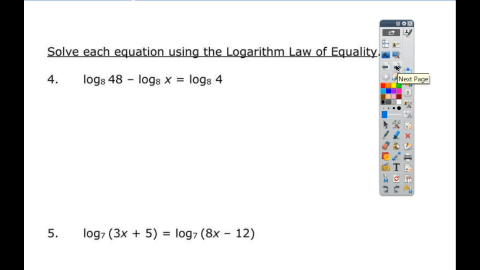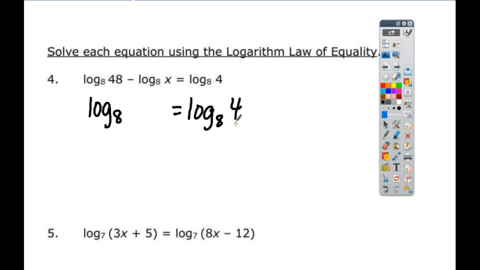All right, number 4. So what does the subtraction mean?